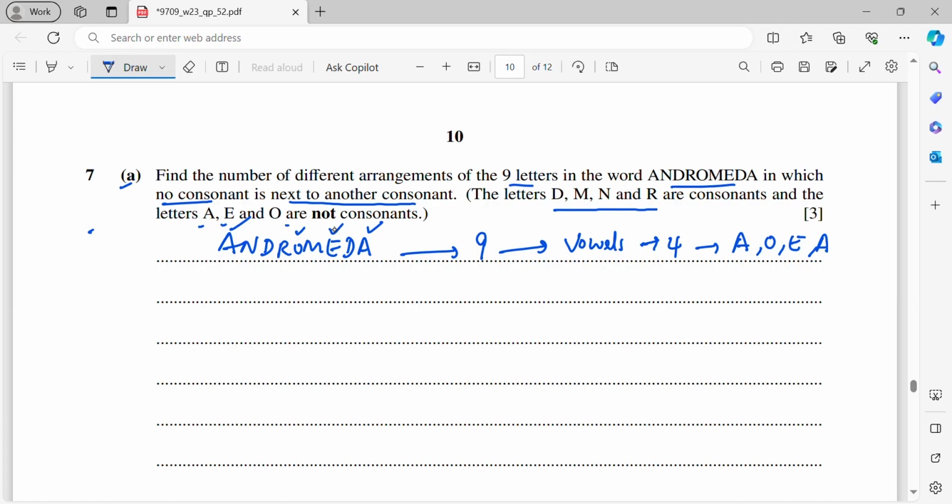And then I have consonants. I have 5 consonants. The consonants will be N, D, R, M, D. Okay, so N, D, R, M, D. So the D is repeating.